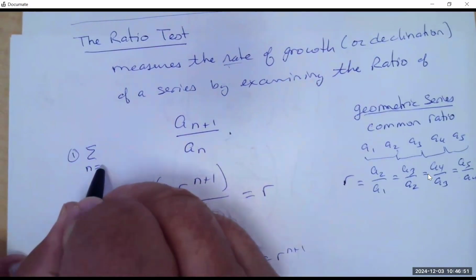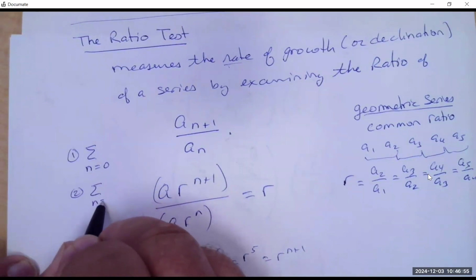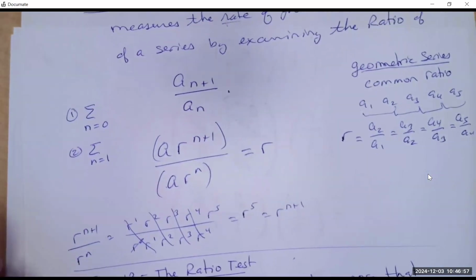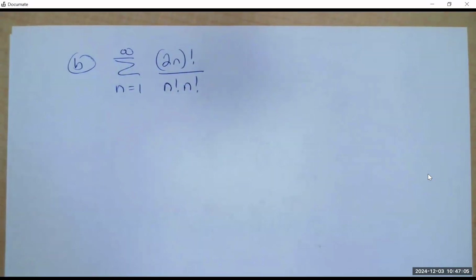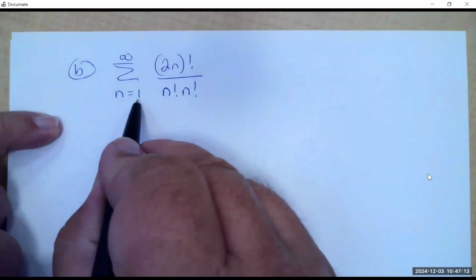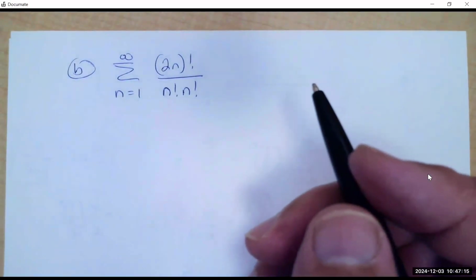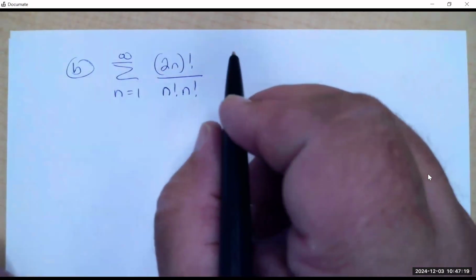You have to either start at 0 or 1. So, since we start at 1, we can use the ratio test here. So what does this equal?